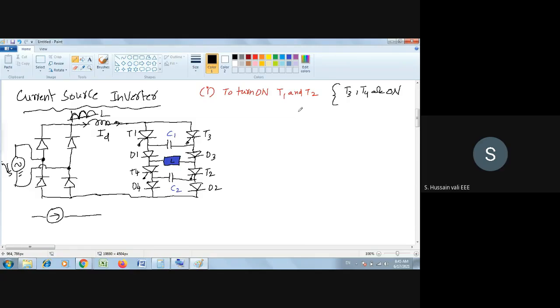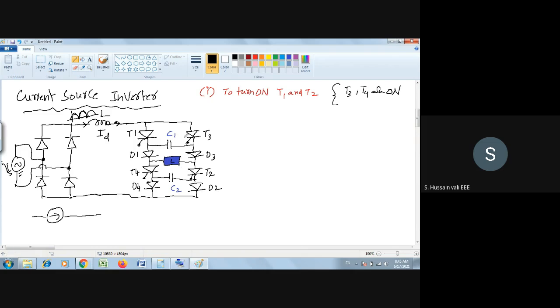So before turning on T1, T2, which switches are conducting? T3, T4 are conducting now.